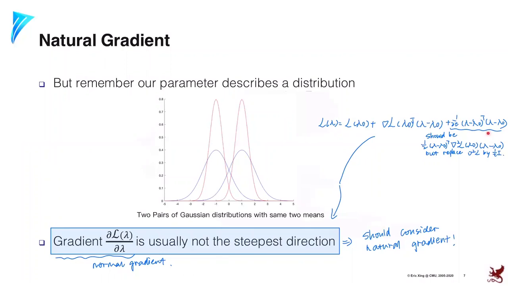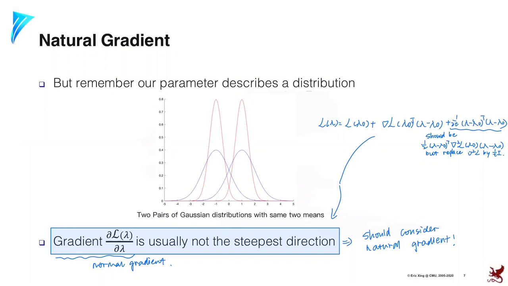Note that for this quadratic term, we use the identity matrix divided by some parameter t to replace the second order derivative.